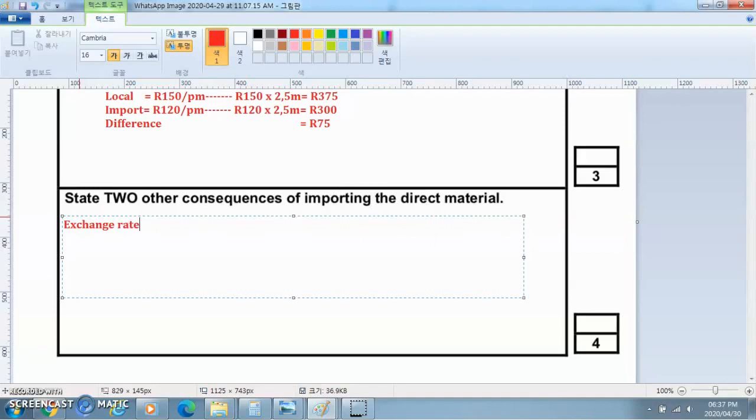As you know, we have the issue of corona, and currently we're struggling with it. A lot of people who are buying their raw material from outside are actually affected, because the last time I checked, the dollar is almost around 18 rand compared to the South African rand. That's a lot of money.